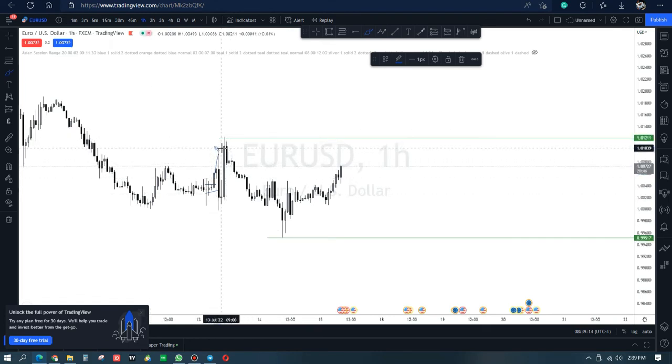But we actually caught this move going to the upside, because as we realized this break of structure, we knew that the price was going to give us some sort of supply, some sort of mitigation, as we keep on breaking the highs, liquidating this high.